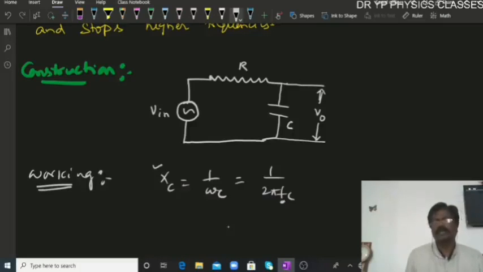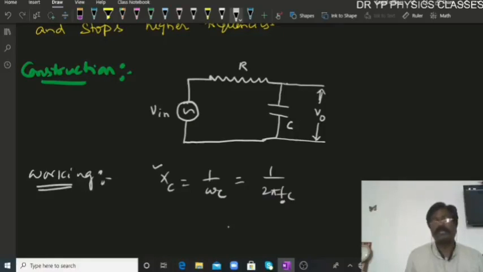It blocks all the AC signals having higher frequencies. So higher frequency signals are stopped at this end, and it allows only lower frequency signals. In this way, this filter is acting as a low pass filter.